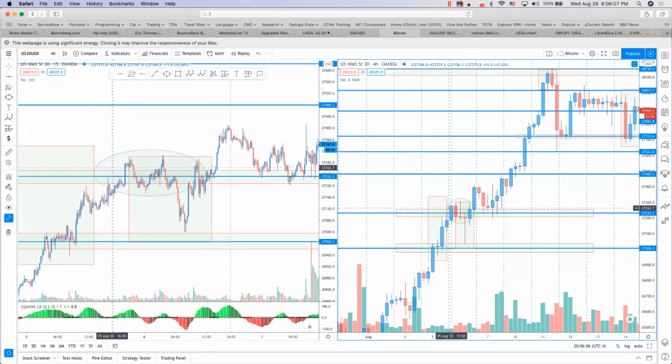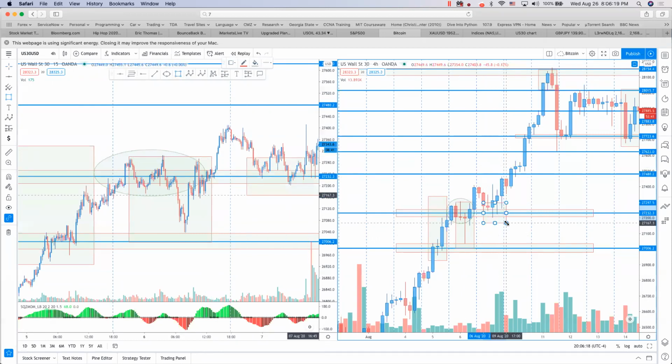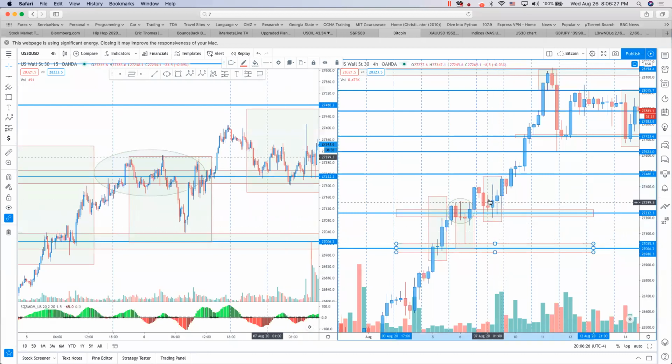The next day, same zone, same event right here. Here is the trap, same zone, same event, right? This candle pushed down.